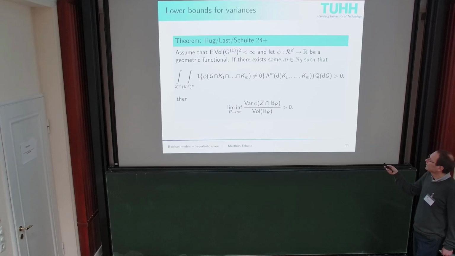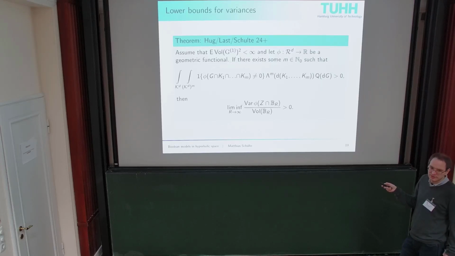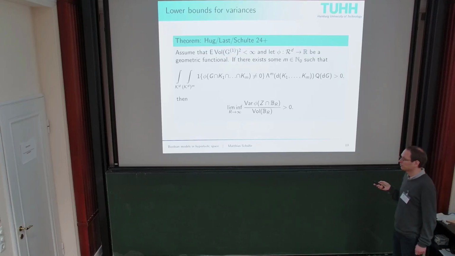So we take a typical particle and m further particles according to lambda, and if we can somehow show that phi of their intersection does not vanish too often, then we can prove that this expression must be positive.